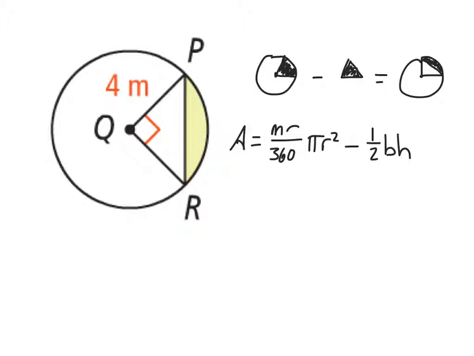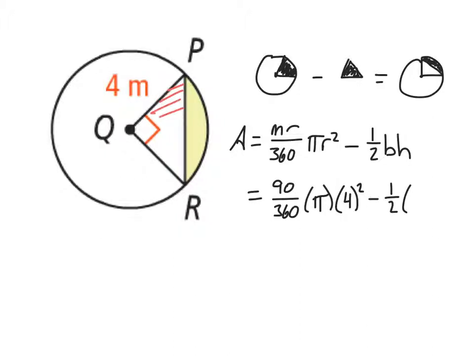All right. Let's plug in. What is the measure of our arc? 90 degrees over 360 times pi times our radius they give us, which is 4 squared, minus 1/2 times. Okay, now looking at the triangle. Now again, you might be thinking, what triangle? I'm talking about this triangle right there.